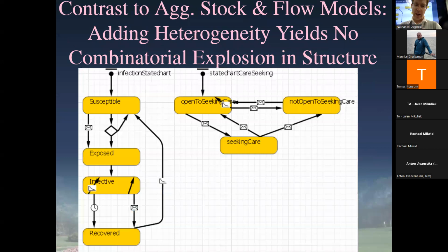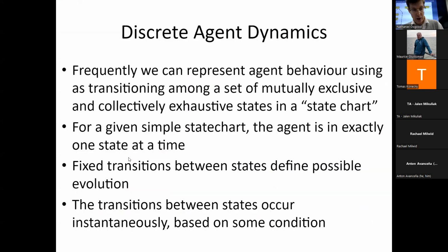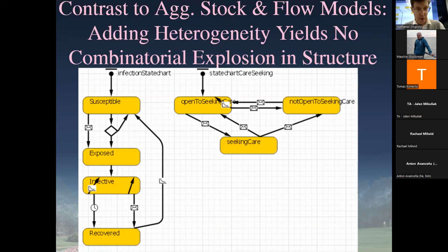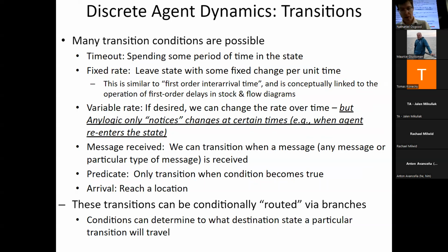State would be things like this. So here's possible states for a person. And we talked about how there can be evolution in that state. Now, in an AnyLogic context, there are many different routes for evolution of a person.